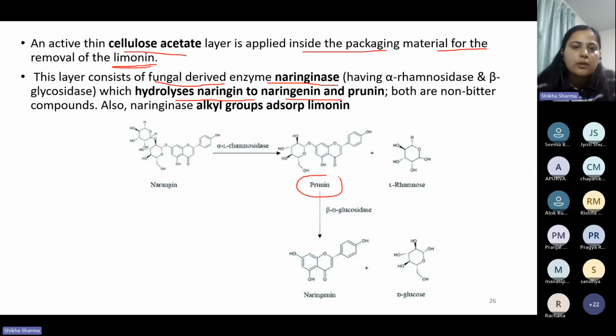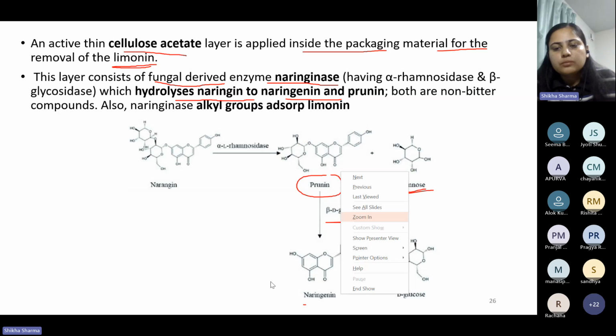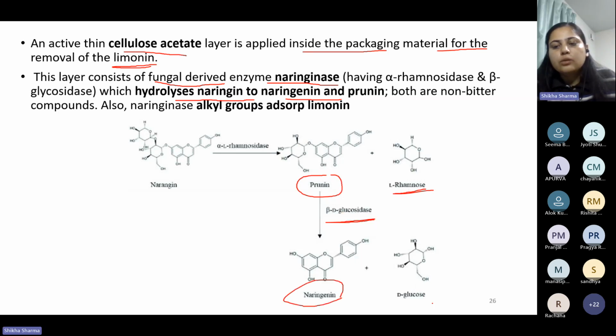First, naringin is converted into prunin and rhamnose, and further, with the help of beta-D-glucosidase, it converts into naringenin and D-glucose.